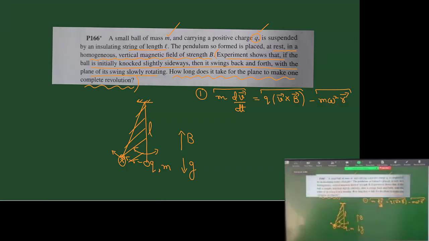Let's understand that to begin with, it was oscillating in that vertical plane and the value of omega was root g by L. And at every instance, the tension that was acting on it was being balanced by this force, right? I mean the horizontal component. So basically what I'm trying to say, this omega to begin with was root of g by L, and there was this force which was acting. So I've written this term.